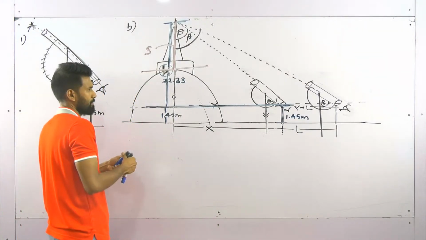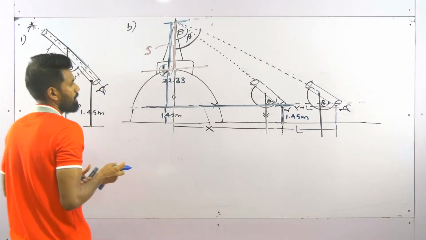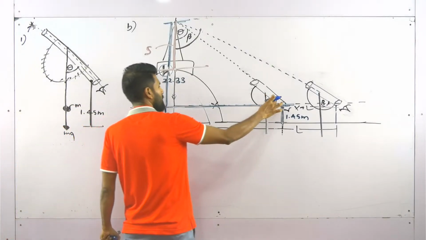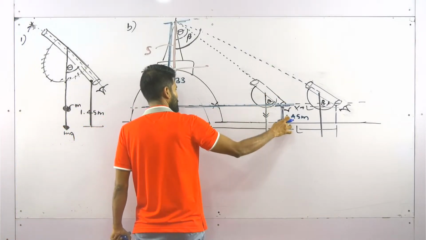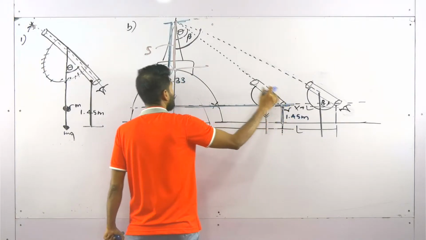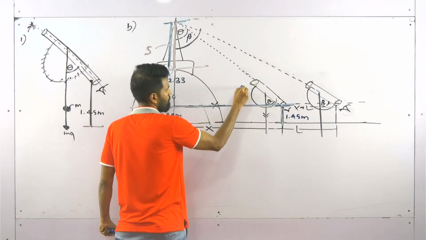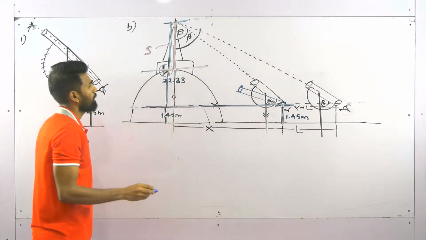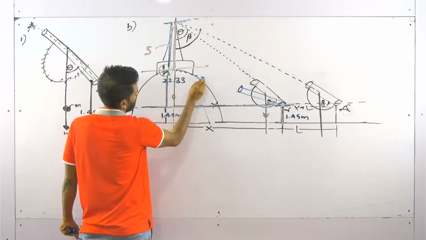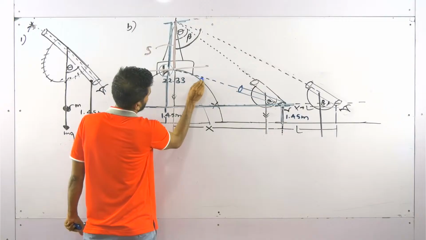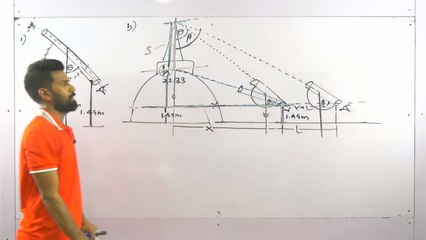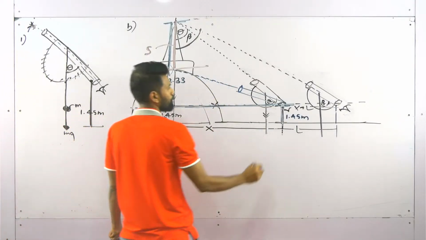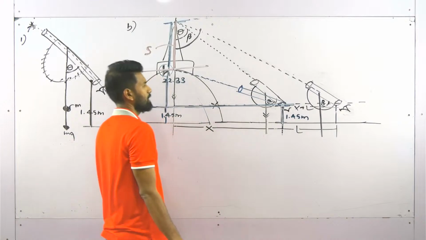This is my plan. I'm keeping the inclinometer in this place, and I'm observing this point. If I do so, I'll get a separate angle.